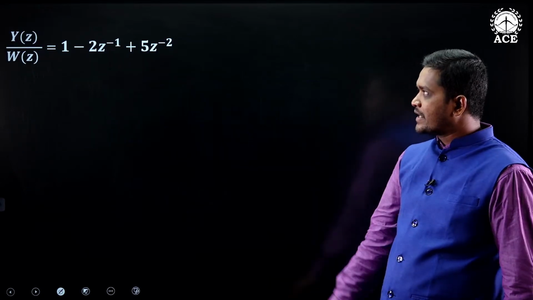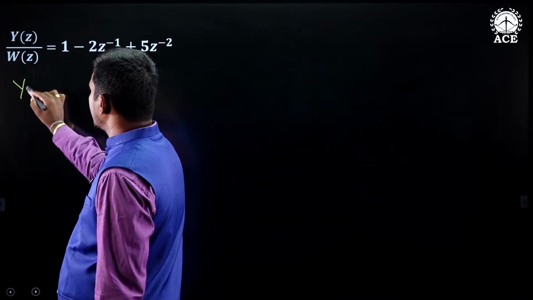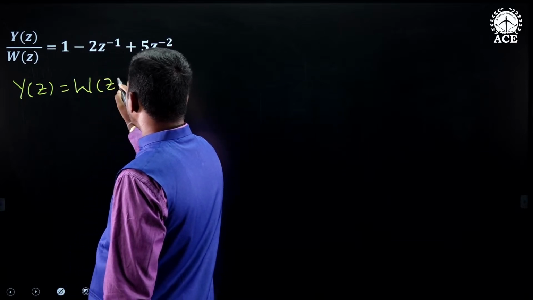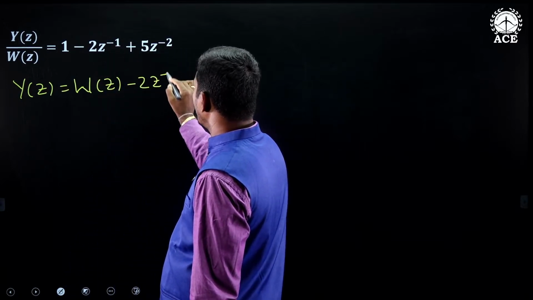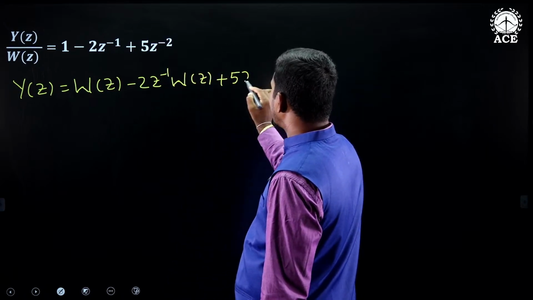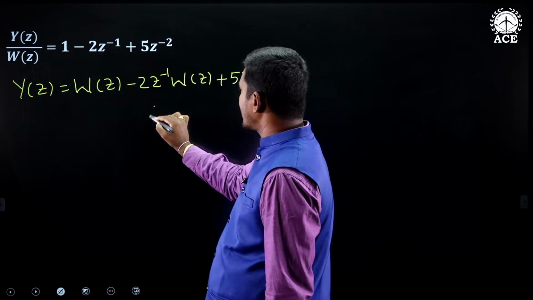Next, Y of z by W of z is the numerator. Do cross multiplication. Y of z equals W of z minus 2 z inverse W of z plus 5 z power minus 2 W of z. Apply inverse z transform.